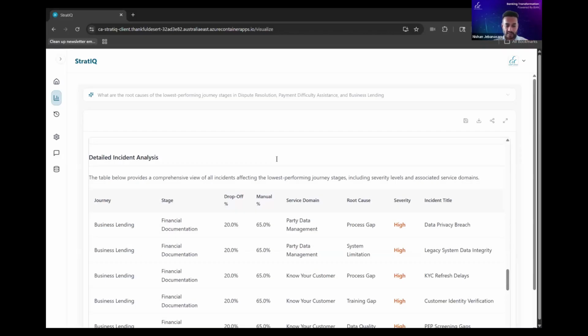You can drill in further. I can ask a question around, give me a further insight into the financial documentation journey stage and what sub processes are involved if I have that data mapped, or give me the breakdown of the incidents and the owners of these incidents, or give me the business unit these incidents are associated with. So there's a lot of interrogation that I can do, right?